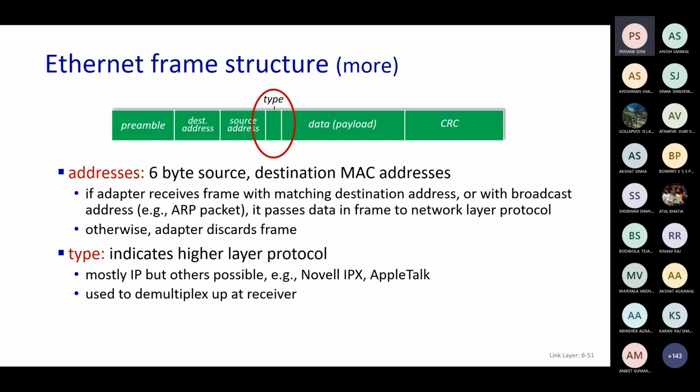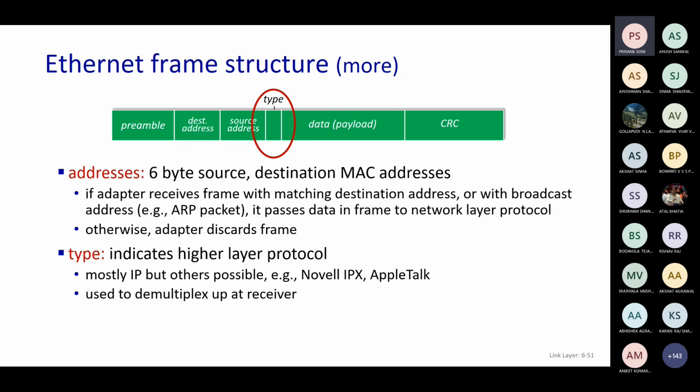Now what is the type field? The type field determines the higher layer protocol, that means the corresponding network layer protocol. Mostly we know that the IP protocol is used, but other protocols can also be used depending upon the application. For AppleTalk we have the corresponding protocol, and Novell IPX is also a corresponding protocol.